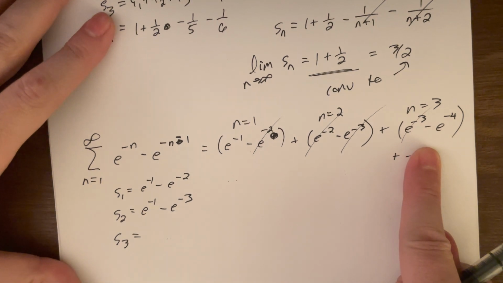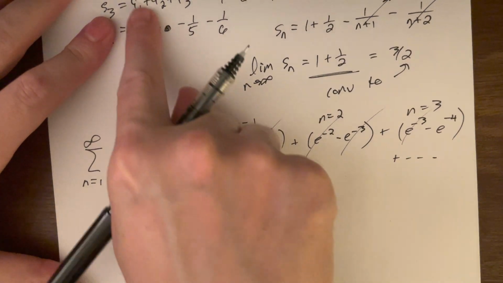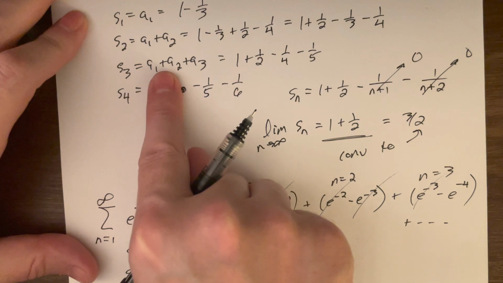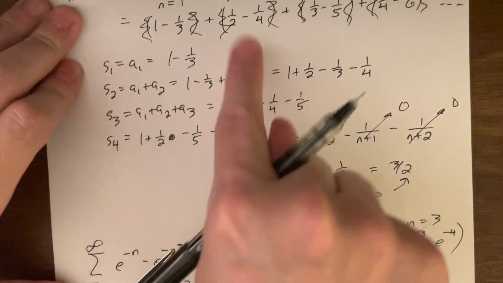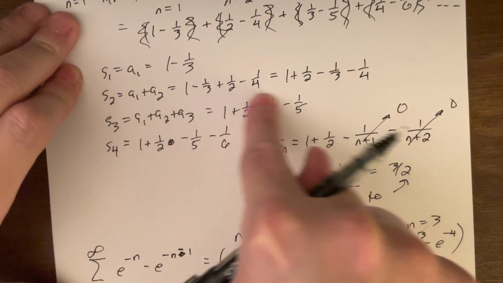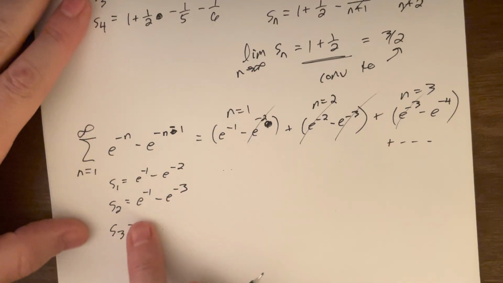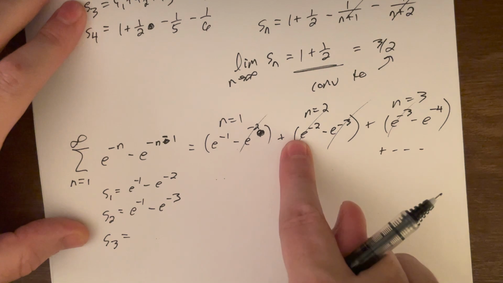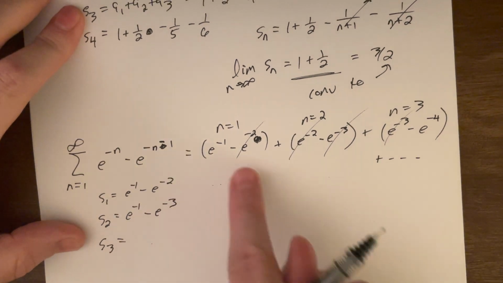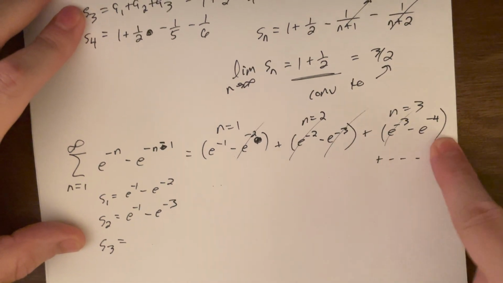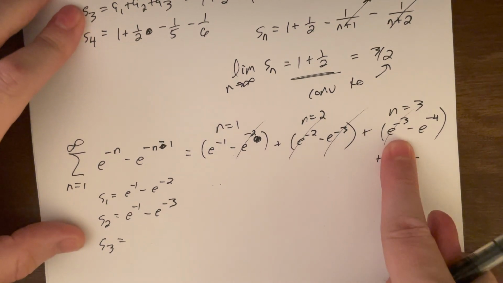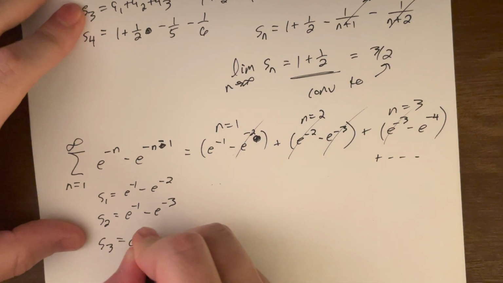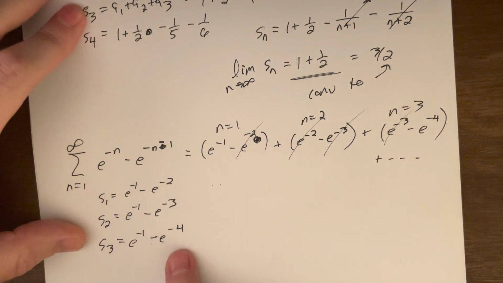Again, everybody, I'm doing this a little fast, but certainly if you want to write it out the way I was doing here and then do your cancellation. I was pointing to the cancellation here and writing the result, but you could write it all out. S2 is this plus this, then clean it up and get to here. S3 is this plus this plus this, then drop the parentheses and clean all that up, and you'll get e to the minus 1 minus e to the minus 4.